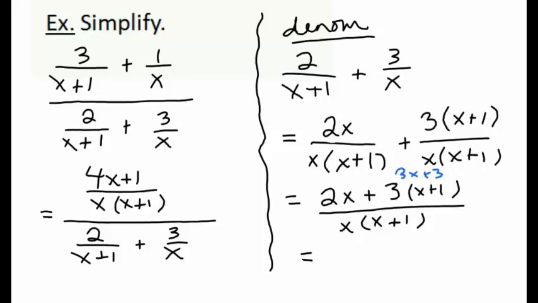I have 2x plus 3x is 5x. And there are no other numbers to add to our 3 once we get it. So the numerator should be 5x plus 3, and our denominator is x times x plus 1. So I'm going to erase all the work that we've done, and I'm going to replace this denominator with our new denominator on our next slide.